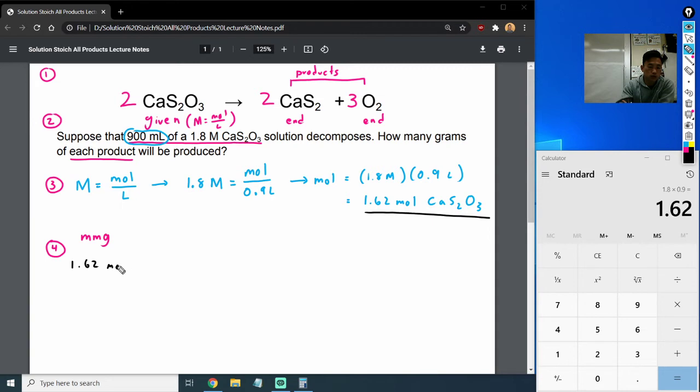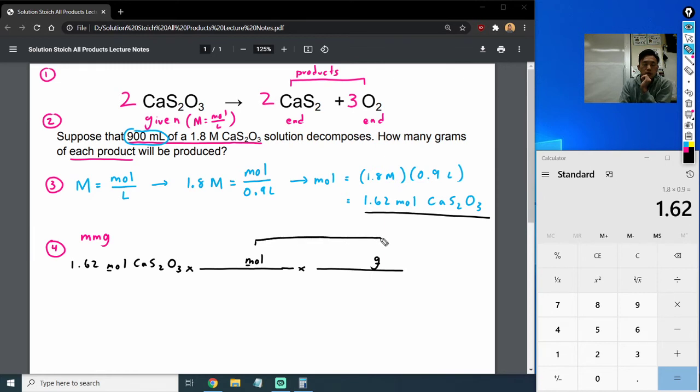Okay, and since we're doing m-m-g, we have the first m already, and then we need to do two more fractions: the second m, moles, and then we're going to set up our final fraction, which is going to be g, which is grams. Okay, so that's why it's m-m-g, because it's moles, moles, grams.